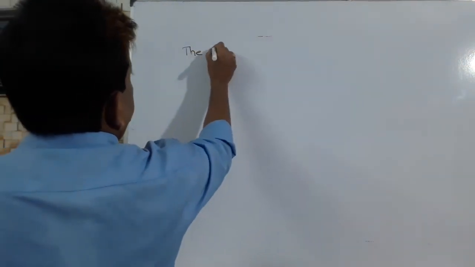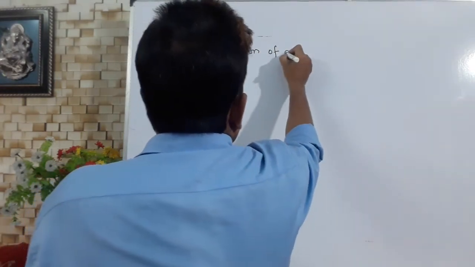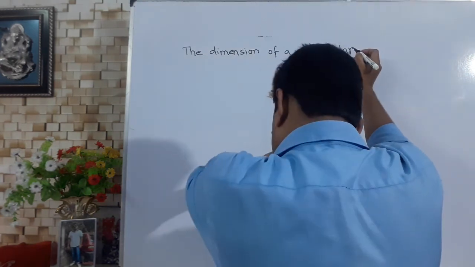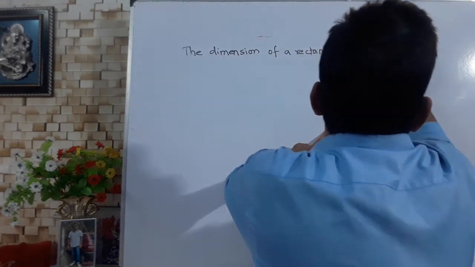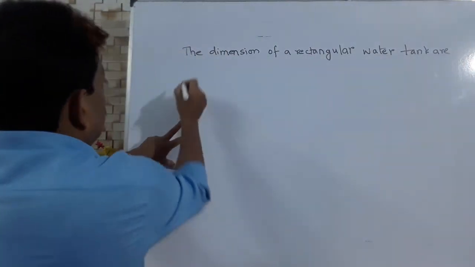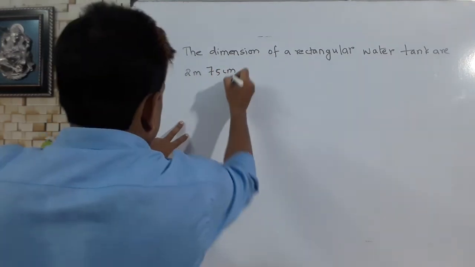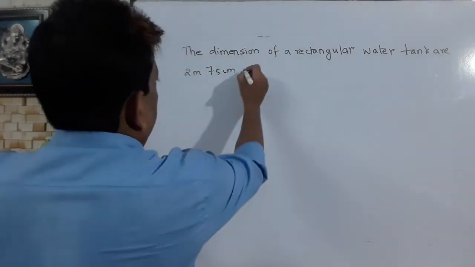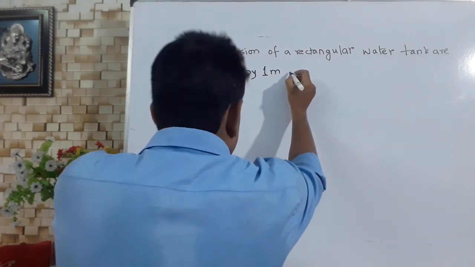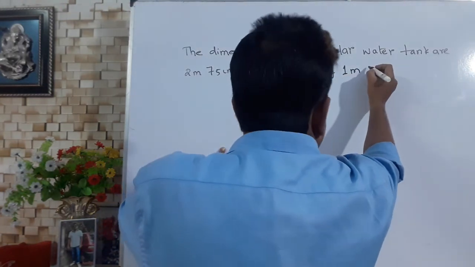The dimensions of a rectangular water tank are 2 meter 75 centimeter by 1 meter 80 centimeter by 1 meter 40 centimeter.